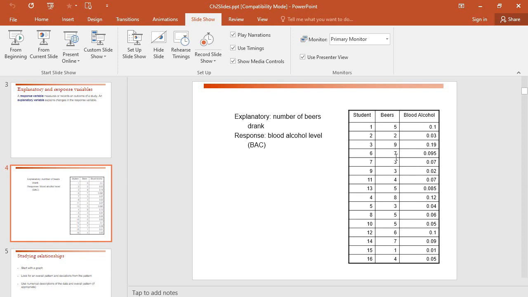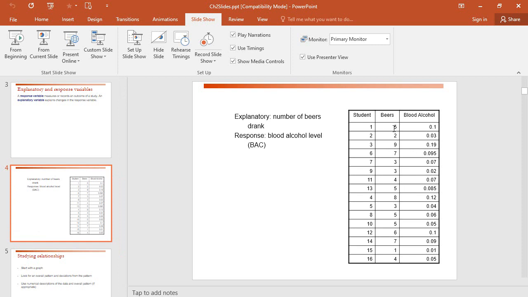So in this study, the number of beers will be the explanatory variable, and the BAC would be the response variable. The question is, how do we study the relationship between the number of beers and the blood alcohol level? To get some ideas, we would want to plot this data. How would we plot this data?